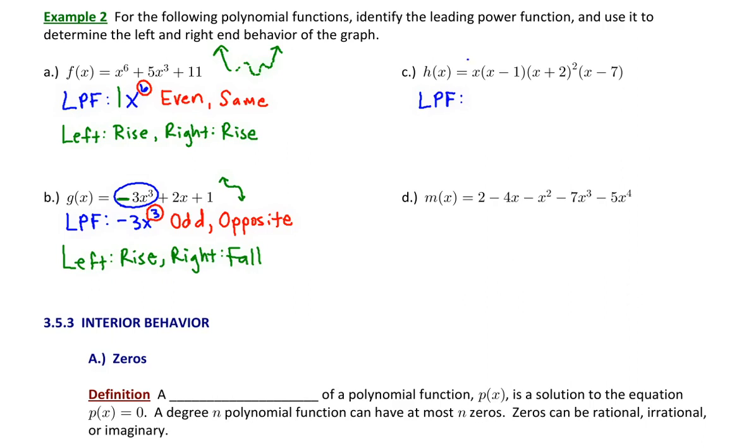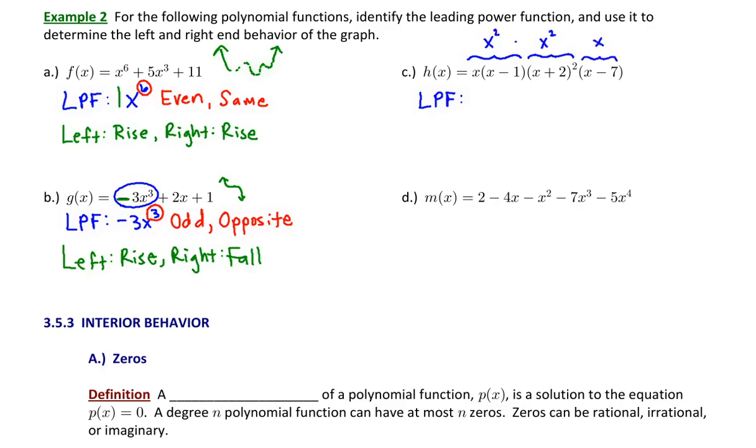So for example, if I multiply these two terms together, we know that's going to give us x squared minus x. But I'm just interested in the highest powered term. So the highest powered term that comes out of that product is going to be an x squared. And then if we were to FOIL out x plus 2 quantity squared, the highest powered term would also be x squared. And then out of this little linear term, the highest power of x would be x.